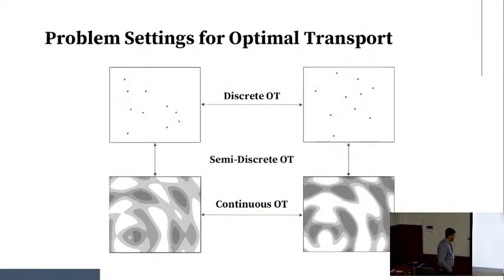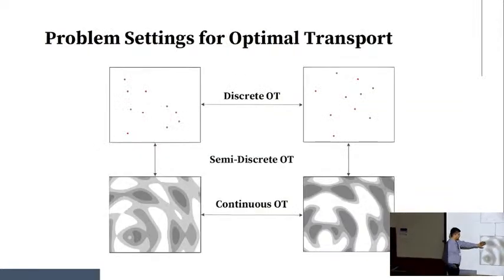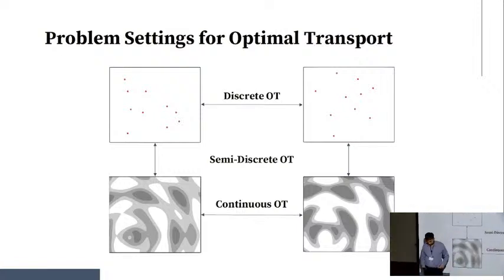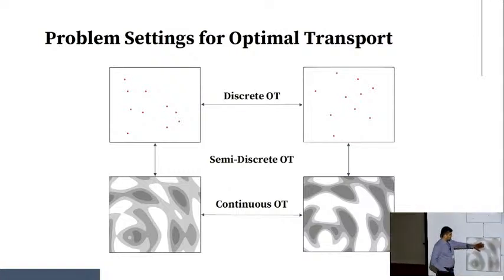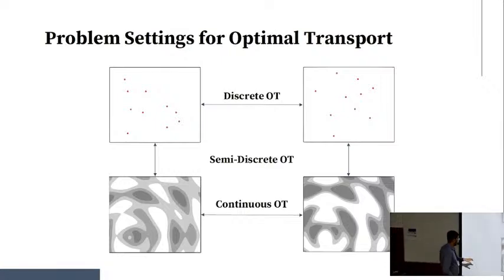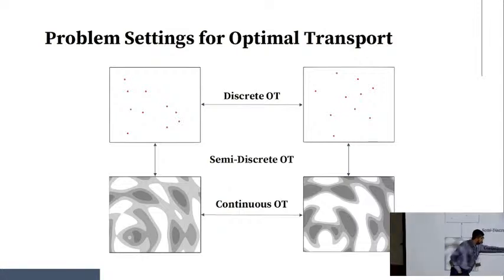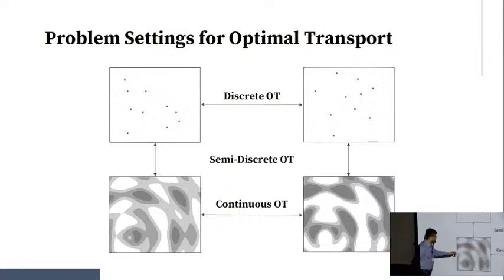In its most general form, the problem is defined on two continuous distributions. You can think of this distribution, for instance, as the distribution of real world data, and this as the model, the neural network. One may want to compute the optimal transport between these two.